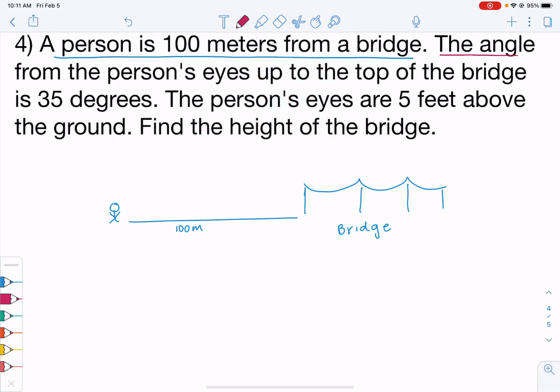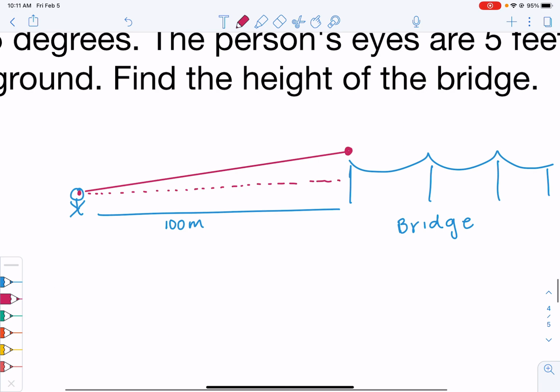The angle from the person's eyes, so from their eyes up to the top of the bridge, is 35 degrees. So remember, just like the last problem, we draw in our eye line. And this angle is going to be 35 degrees.